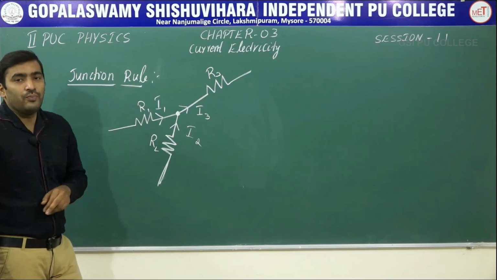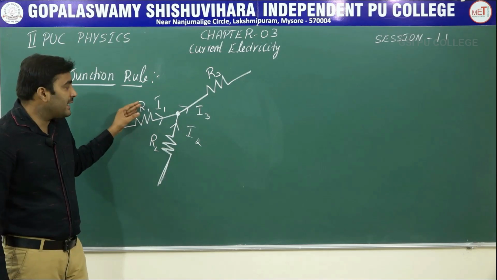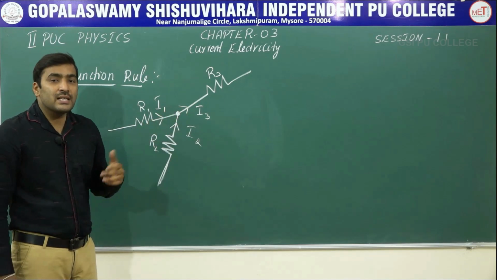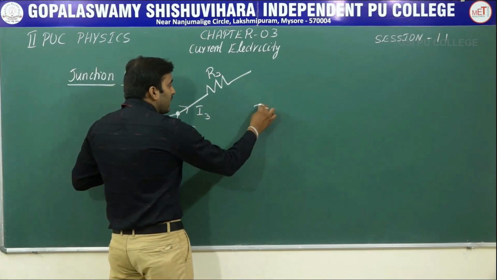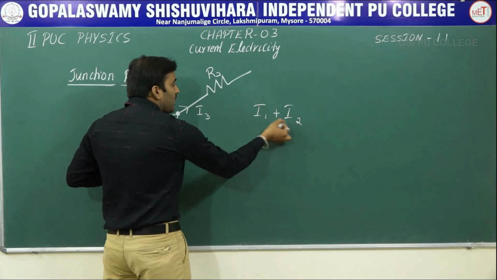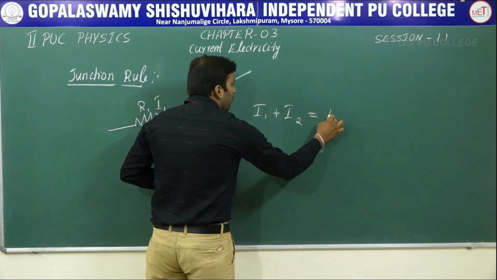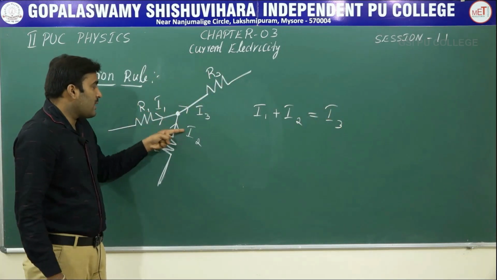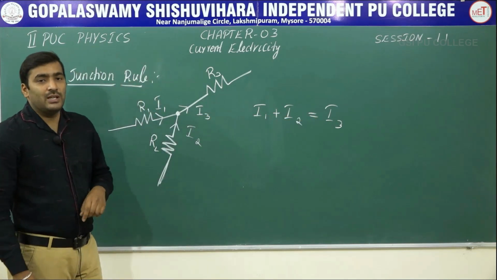According to Kirchhoff's junction rule, the algebraic sum of the currents entering the junction is equal to the algebraic sum of the currents leaving the junction. So I1 plus I2 equals I3.